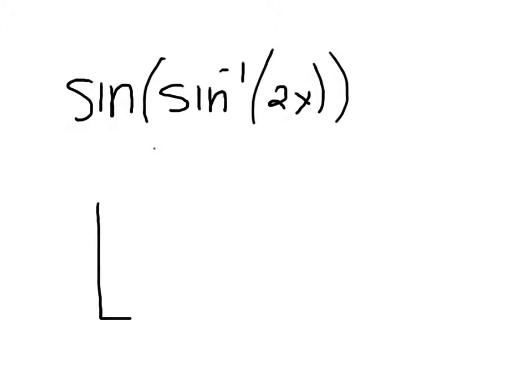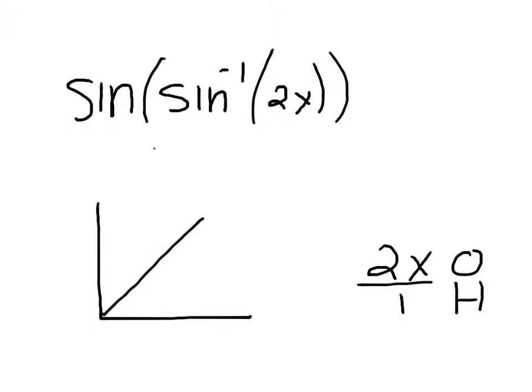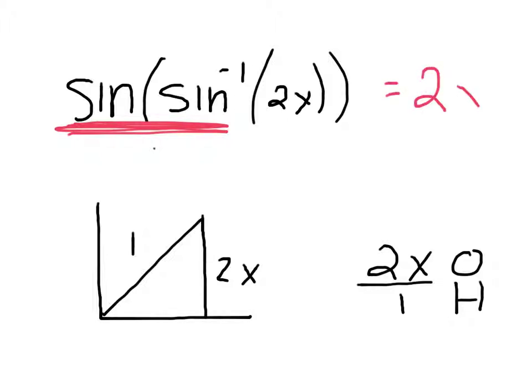We're going to draw a picture. Since sine is opposite over hypotenuse, it's saying that 2x over 1 is opposite over hypotenuse. So we've got a hypotenuse of 1, an opposite of 2x. Actually, I don't even know why I'm doing this. Sine and sine inverse are the same angle. This will just be 2x.